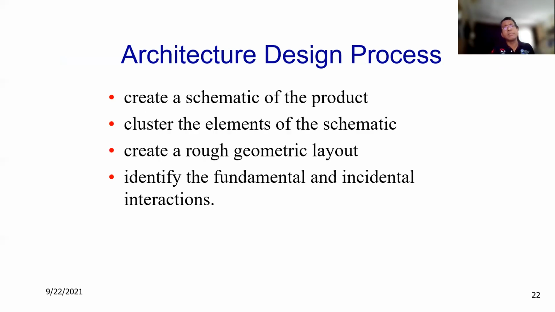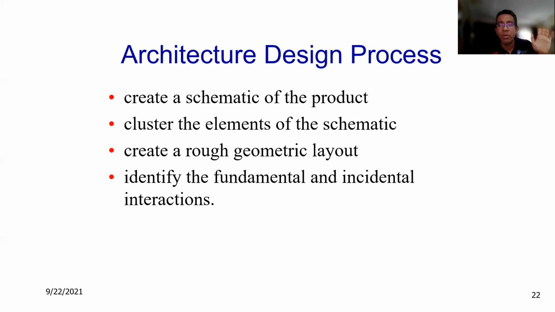And then the architecture design process. We have these steps for the design process: create a schematic of the product, cluster the elements of the schematic, create a rough geometric layout, and identify the fundamental and incidental interactions.